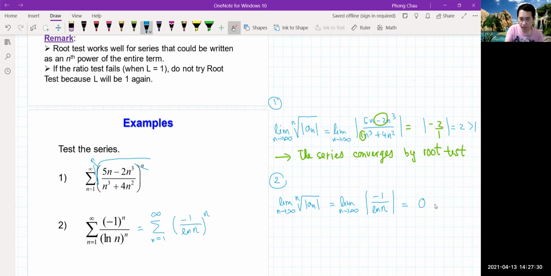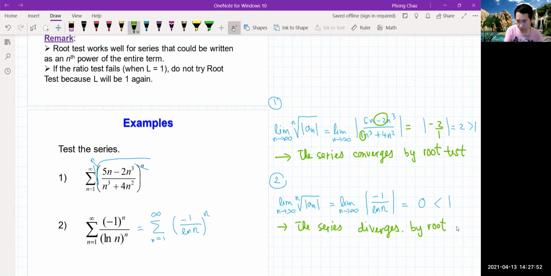Right, so now it approaches 0 and it's smaller than 1, so we can conclude the series converges in this case. Okay, again, by root test.